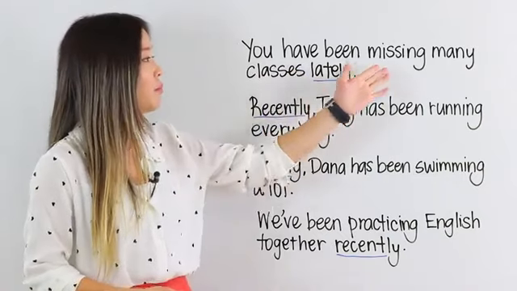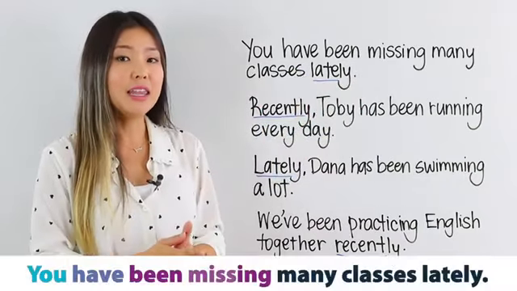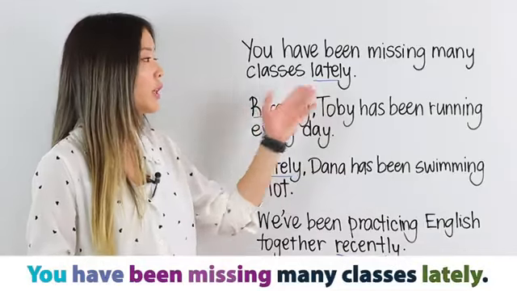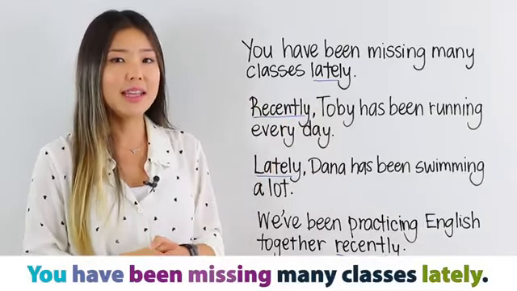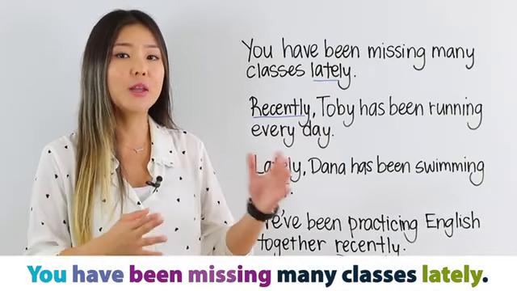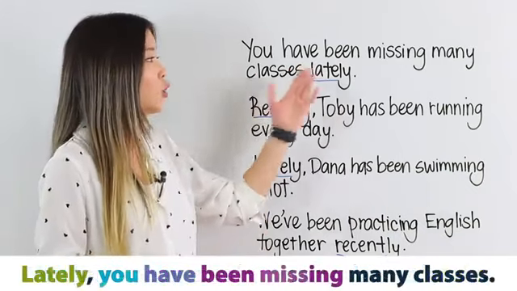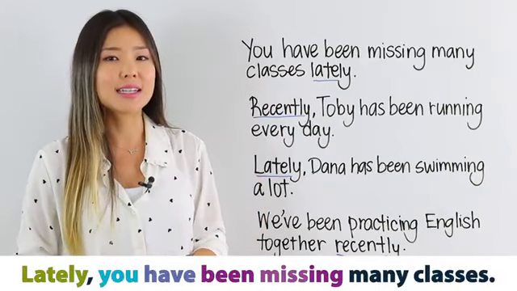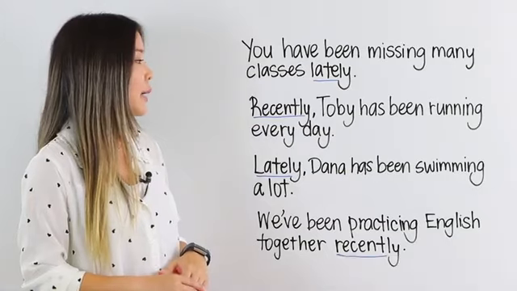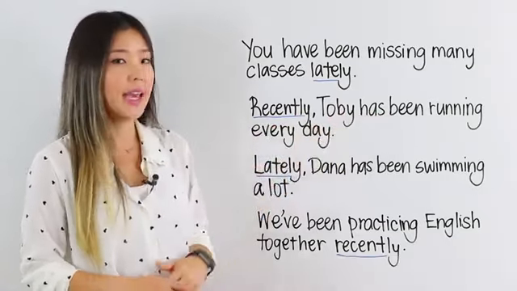You have been missing many classes lately. You'll notice that at the end of this sentence, I use the word lately to describe when this action has been happening. You can also use lately at the beginning of the sentence. For example, lately, you have been missing many classes. The next example says, recently, Toby has been running every day.